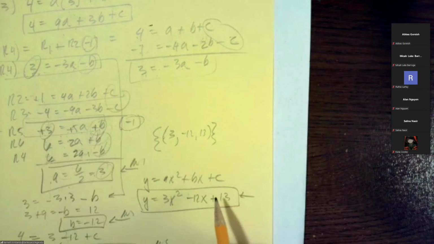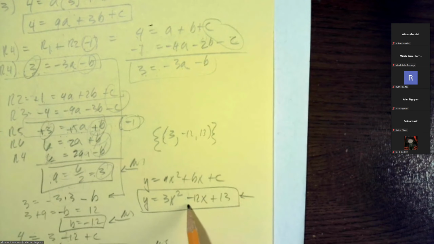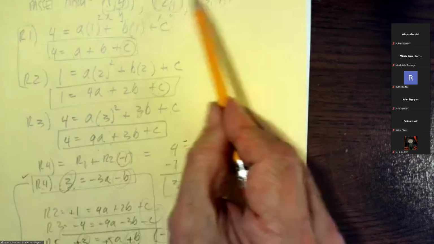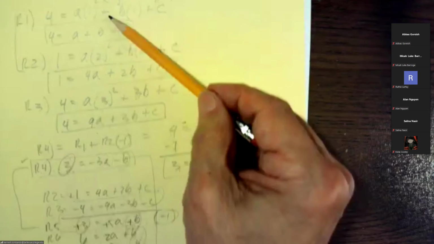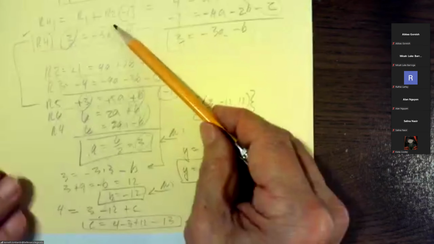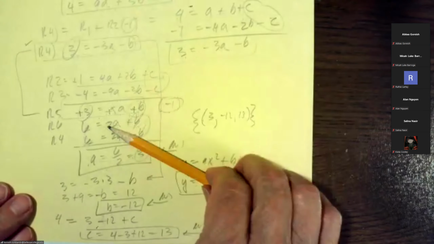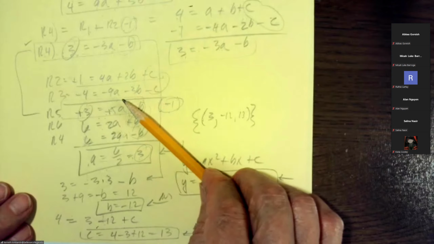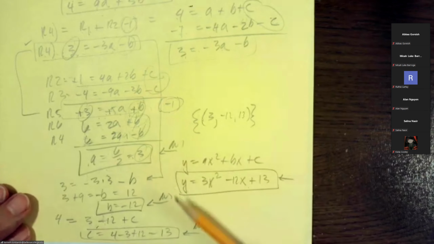So this tells us that the equation that we were looking for is this equation, y equals 3x squared minus 12x plus 13. And how did we find that? By using the values that were given, developing 3 equations, and then solving 3 equations and 3 unknowns for A, B, and C.